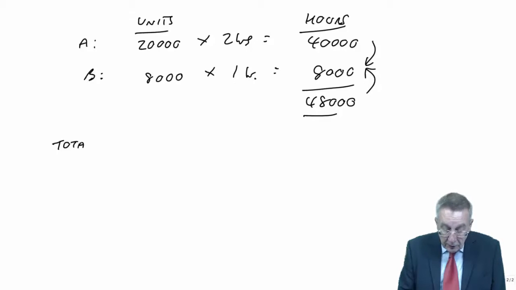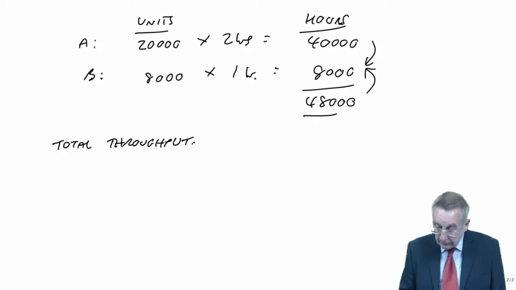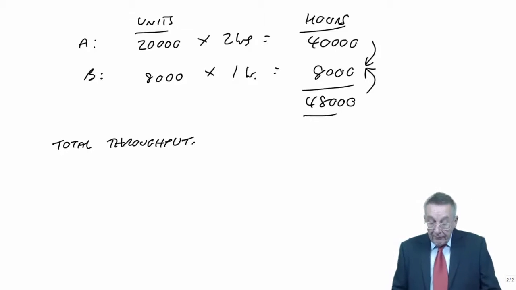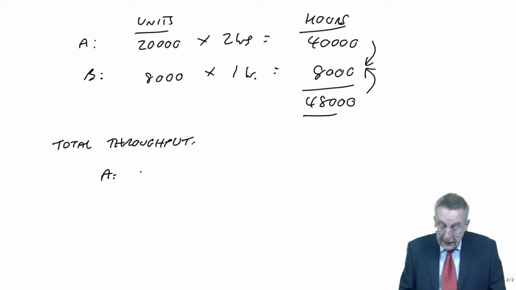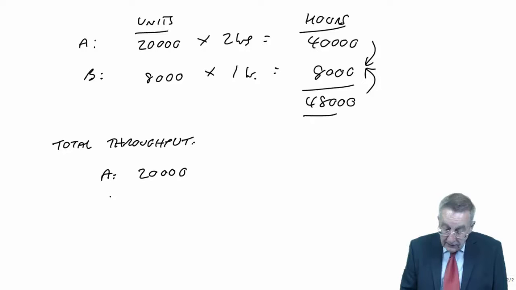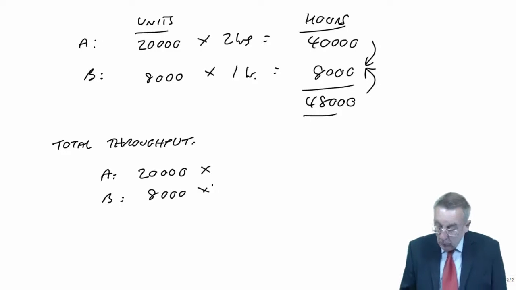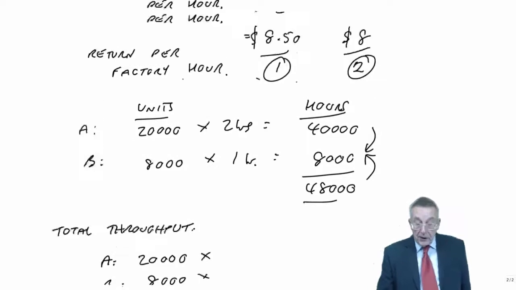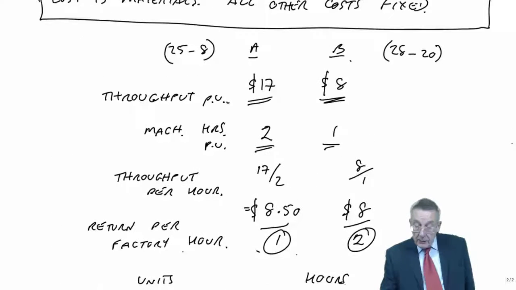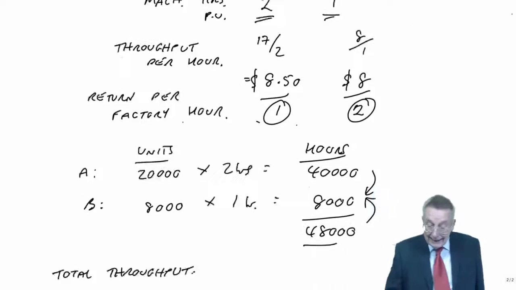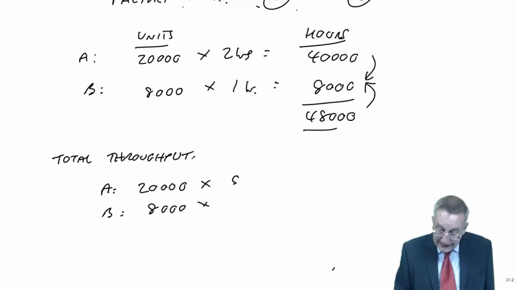Well, we work out the total throughput first of all. Effectively, total contribution. So it's 20,000 A's, 8,000 B's. The throughput contribution per unit of A was 17 and of B was 8.